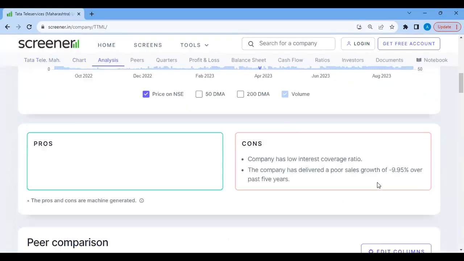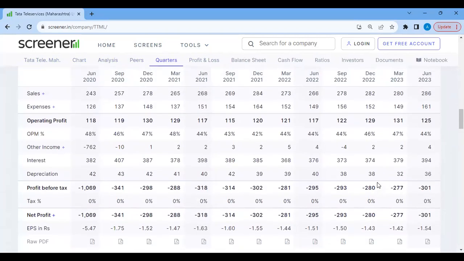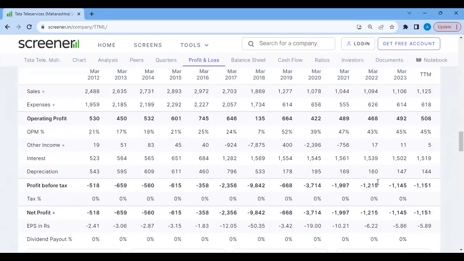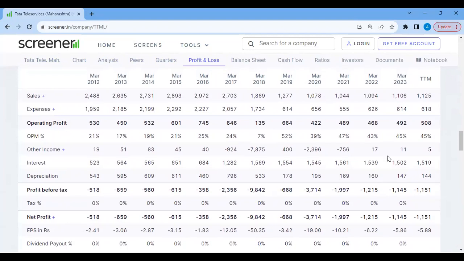Let us look at this company. Is this company doing its job properly? Yes or no? It had a loss of minus 518 crore, minus 659 crore, minus 10,000 crore, minus 3,000 crore, minus 1,100 crore. Is this company doing its job properly? Yes or no?